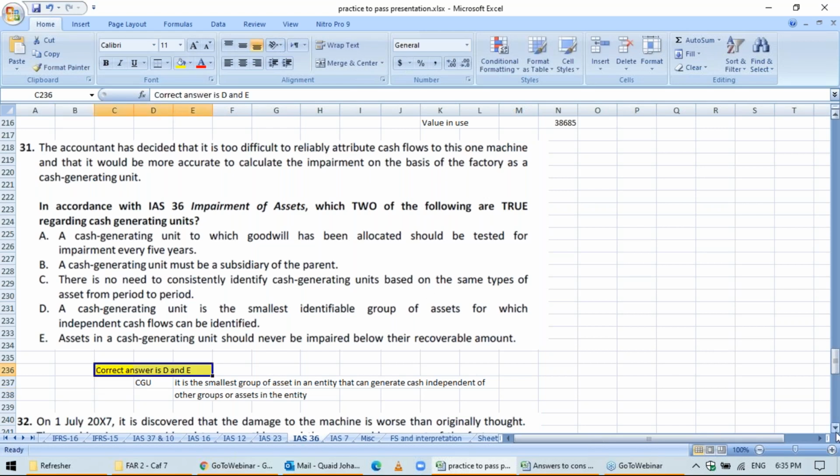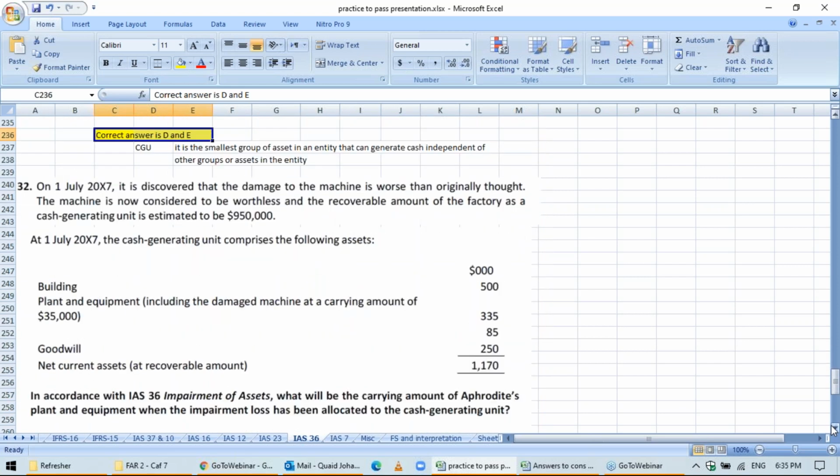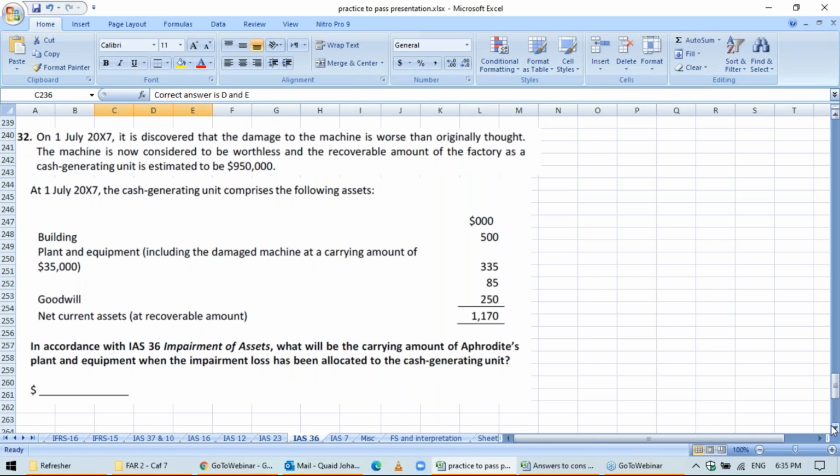Okay, next, this one is an important one, a very important question on cash generating units. Please note it down very carefully. First, please go through it. Please properly read the question, then I'll do it.